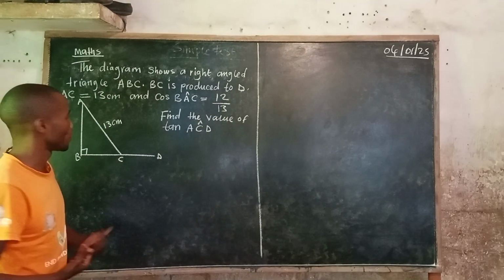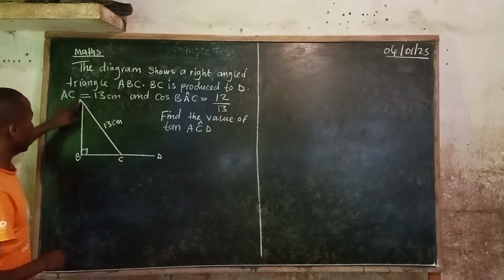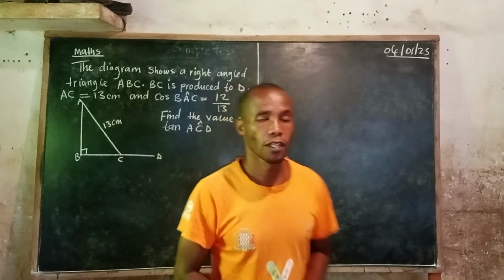Now, the question says, find the value of tan ACD. That is what we are going to do.